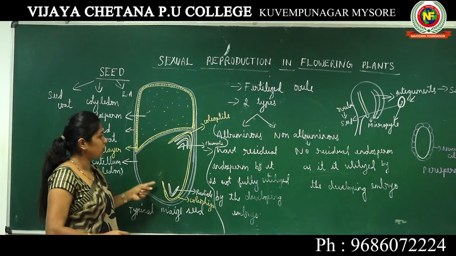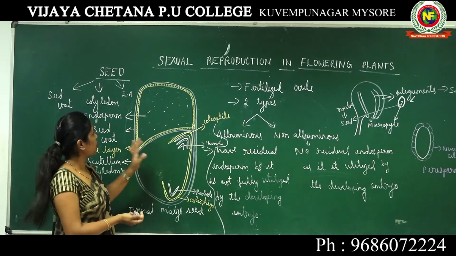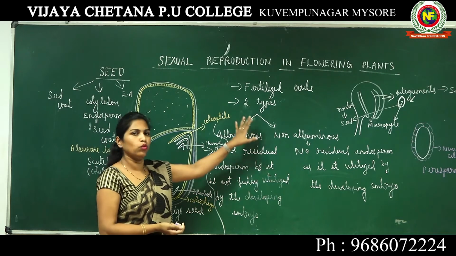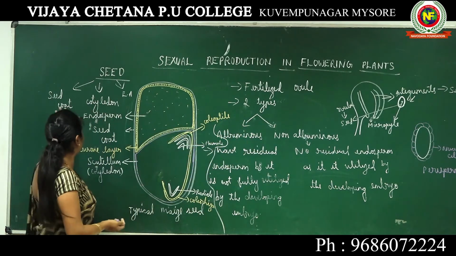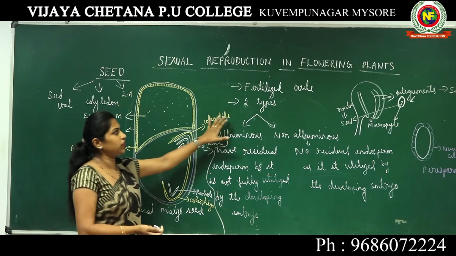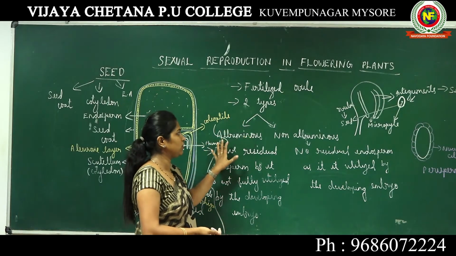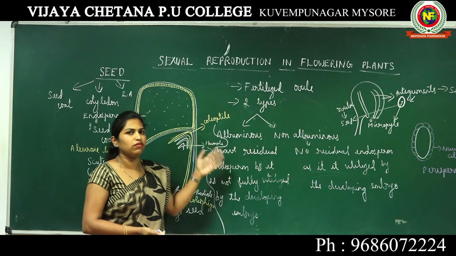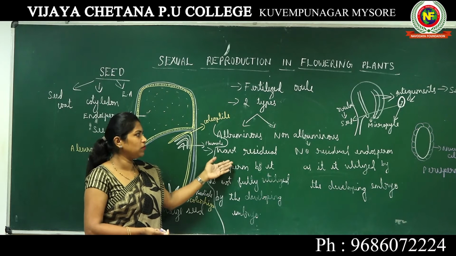I hope this part of the chapter is very much clear to you. Seeds are nothing but fertilized ovules. A seed has three important parts: seed coat, cotyledons and embryonal axis. Seeds can be classified into two types based on whether they have residual endosperm or not. If they have residual endosperm, they are known as albuminous seeds.